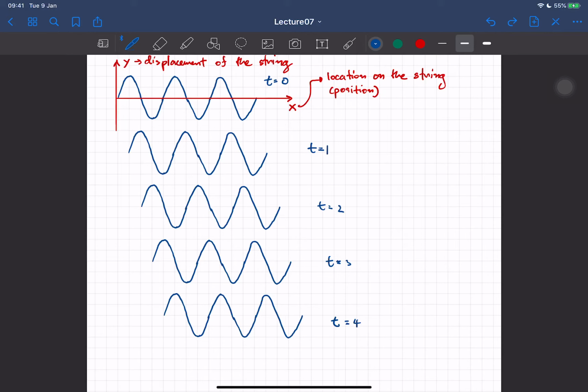Because I have to fill in the blank so that the wave is not cut or anything. So something like this. Okay, so that's the wave at different times.